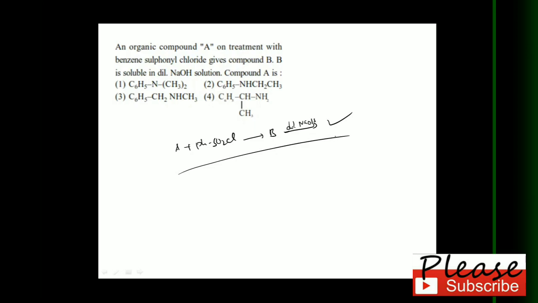The detailed reactions are already discussed in a previous video, the February JEE Main 2021 questions. I am sharing that link, you can see the video. So benzene sulfonyl chloride gives a compound B soluble in dilute NaOH. It means it is a primary amine. So ultimately the answer is 4.